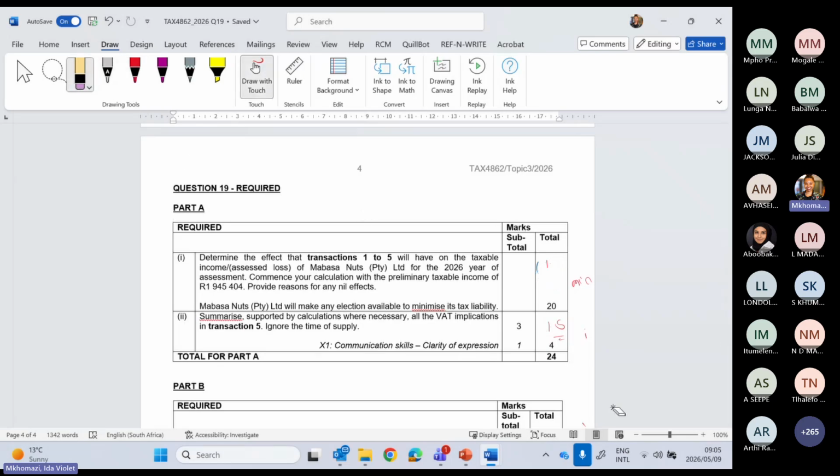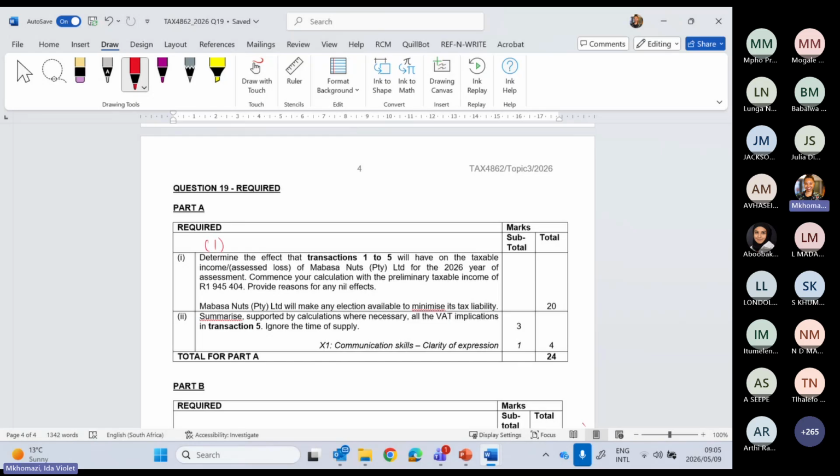Now as you are reading the required, I said earlier on that Ms. Niswiswi actually likes to break it down as she is reading so that she doesn't miss any part. So we are going to start with A1. So A1 says that you need to determine, right? So that's the first thing that you need to do. And remember, when you see the word determine in our required, we mean that you need to calculate.